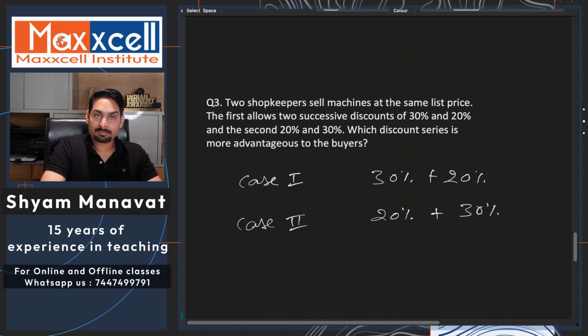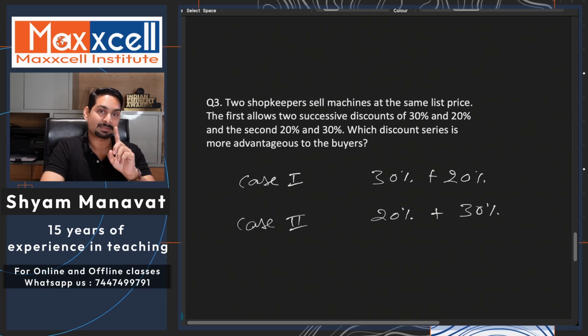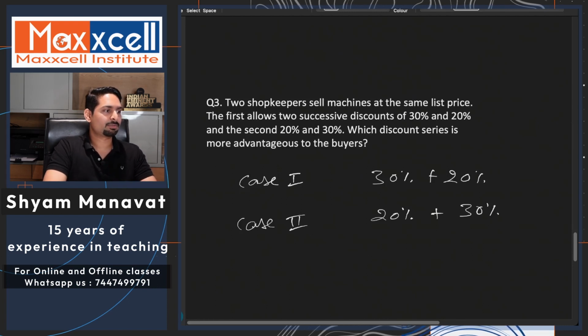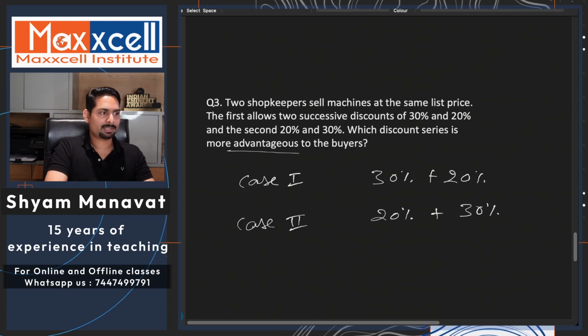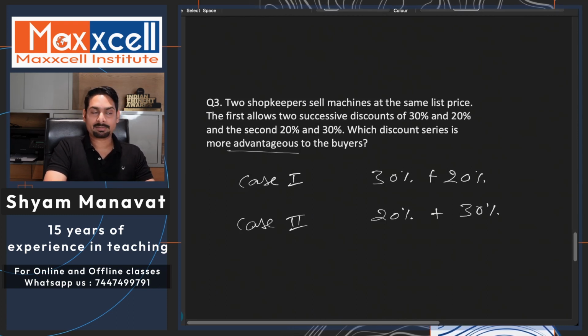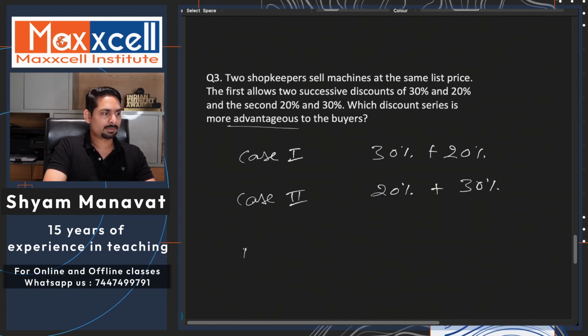Will they give you different single equivalent discounts? No, they are going to give you the same. So which one will be advantageous for the buyer? Both will be equally likely, right? Both will give you the same outcome, correct? So simple, both are the same.